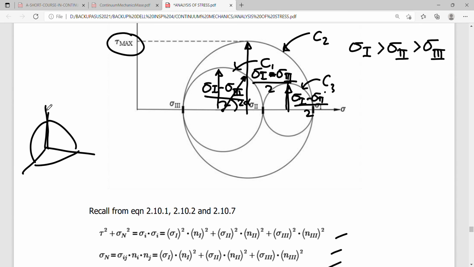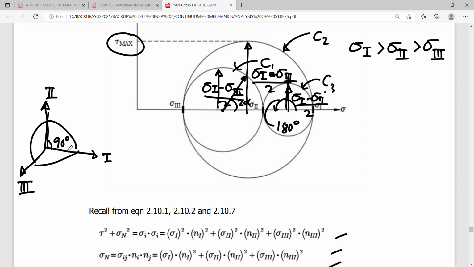So if you have a physical state of stress given by the physical axes, say 1, 2, 3 here, in which orthogonality is satisfied, then if we say that this is 90 degrees, this 1 and 2 here has an angle of twice the value of the angle here.